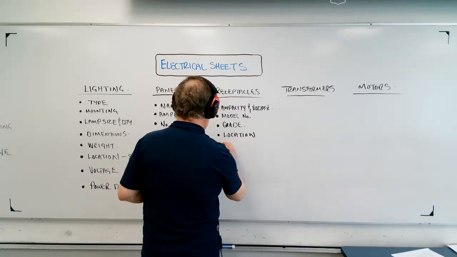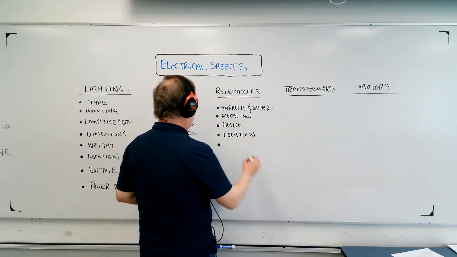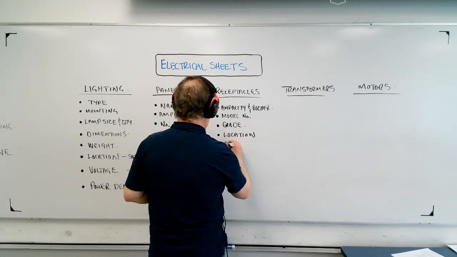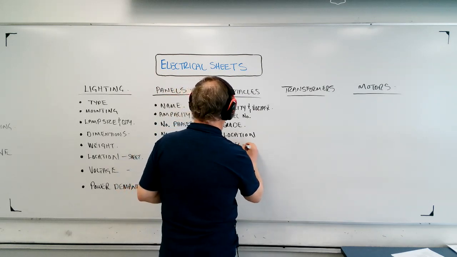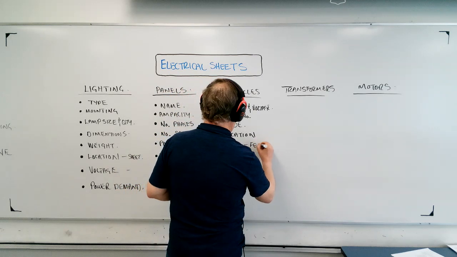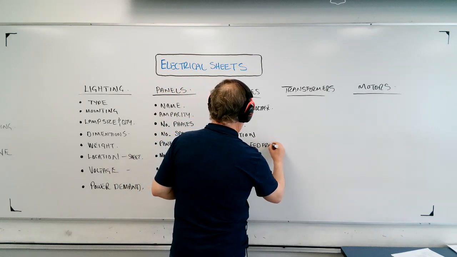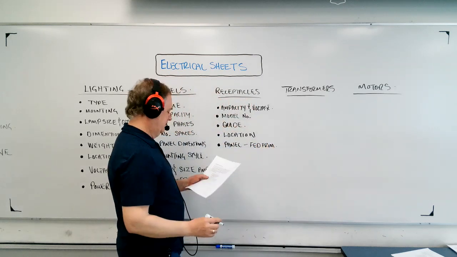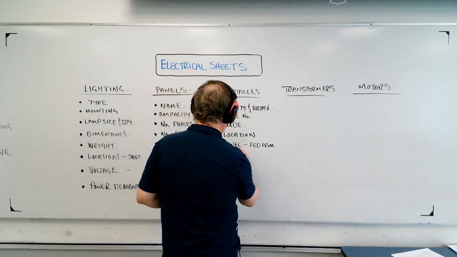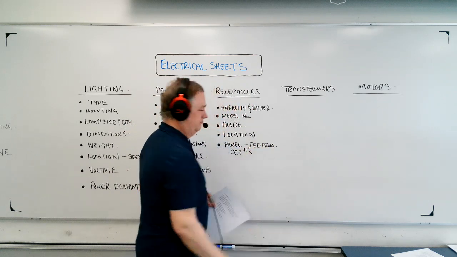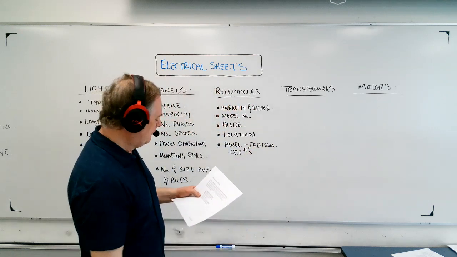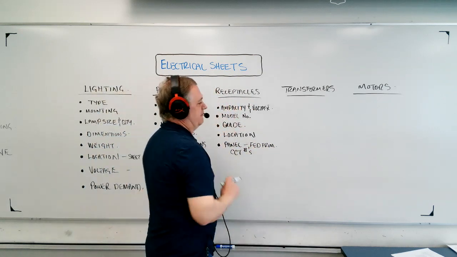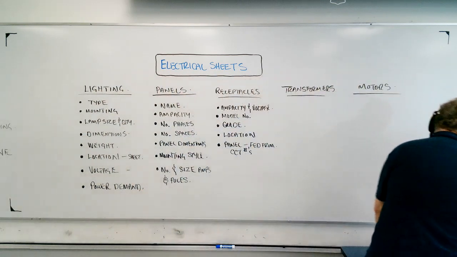And the other thing quite often included here is the panel, and we're talking about fed from. In other words, what panel is this going to be fed from? And it usually includes right down to the circuit number or numbers, okay?